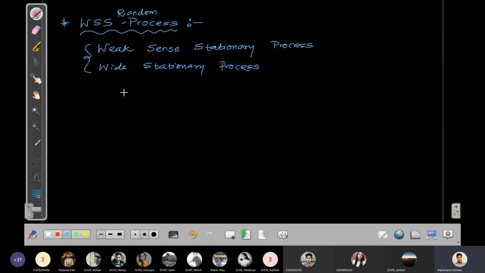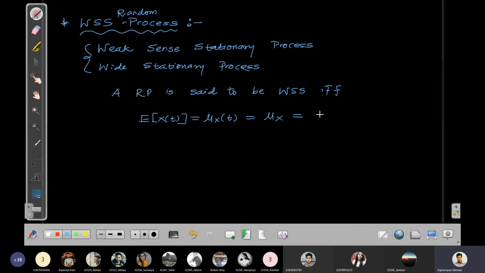So a random process is said to be WSS if and only if the mean, if you calculate the mean, that is mu X(t), will be constant. So it is not dependent on time, so it's a constant. And both must be true.